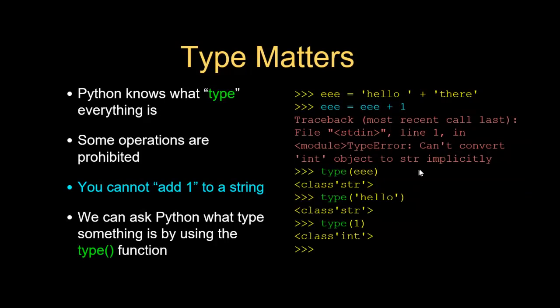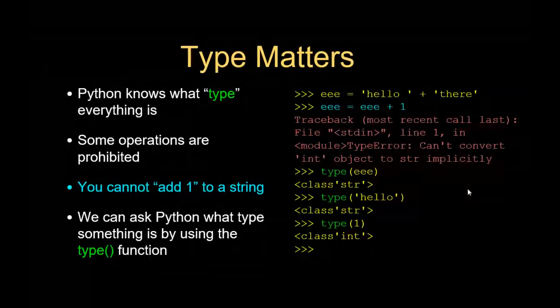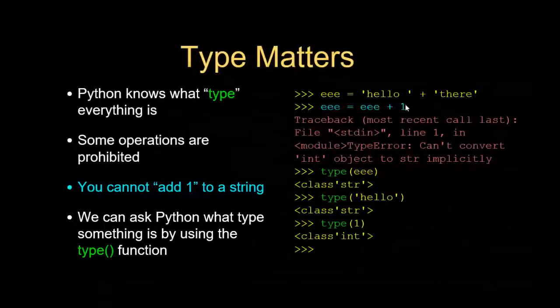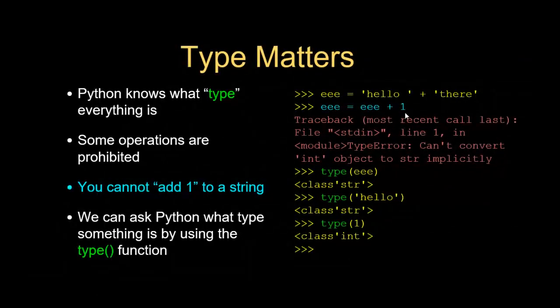Can't convert int object to string implicitly. It's basically saying that that can't be converted to a string in this instance. We can convert it to a string, but not in this line here.